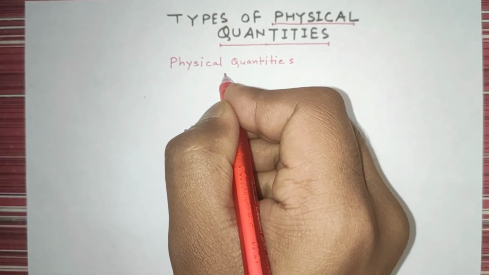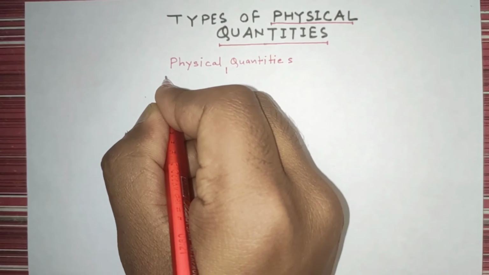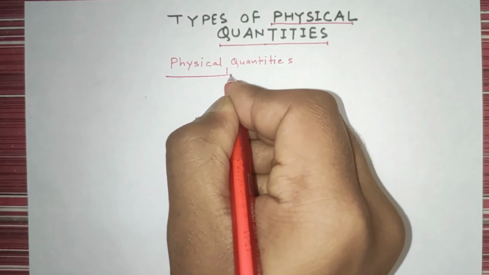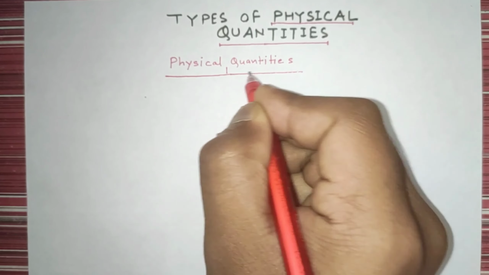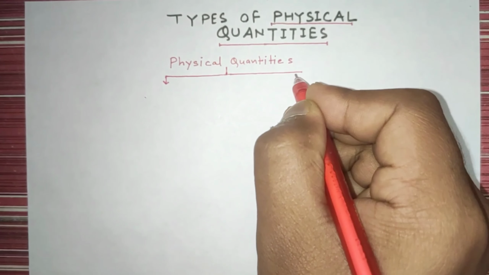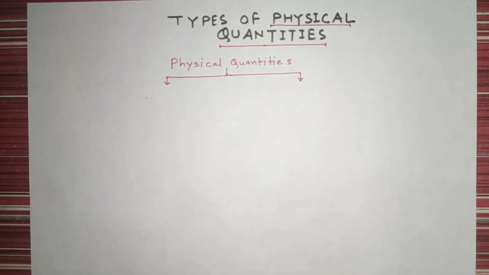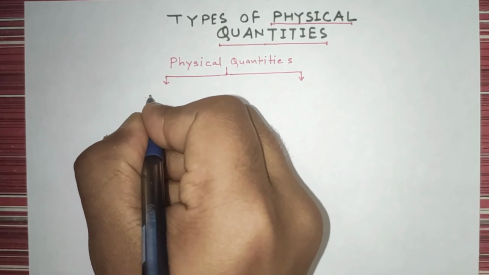So these are categorized in two parts. First one is fundamental physical quantities and second one is derived physical quantities.